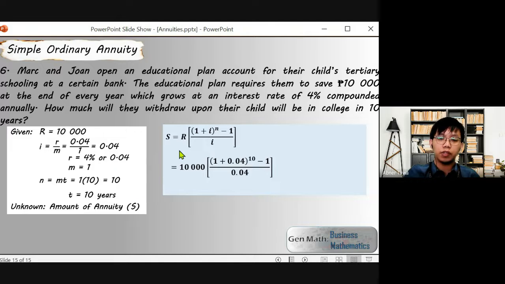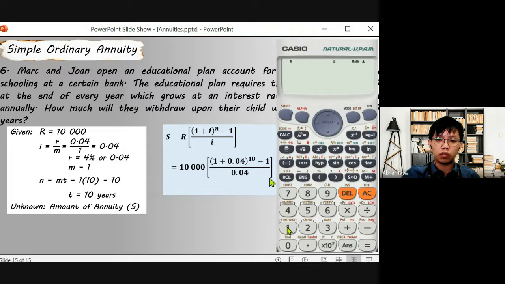Okay, so we have here the formula, and then just substitute. The value of R is given to be 10,000 multiplied to 1 plus the value of i, which is 0.04, raised to the value of n, that is 10, minus 1, all over 0.04, and then just solve using the calculator.